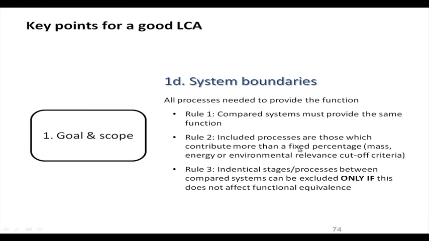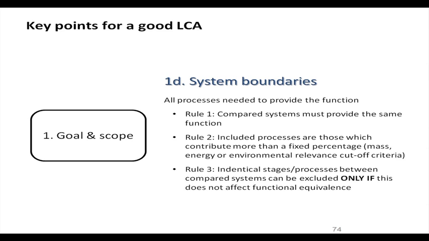For the system boundary, all processes need to provide the function. So rule 1 is that your compared systems must provide the same function. Then you include the processes which contribute more than a fixed percentage.